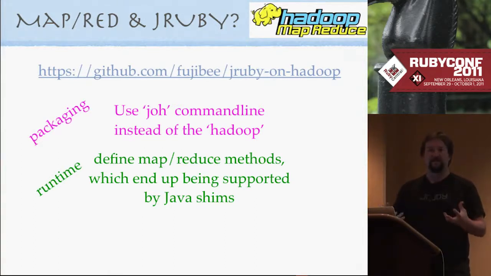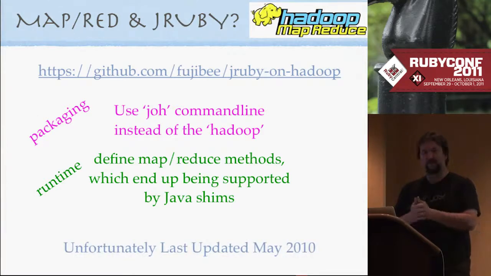And then at runtime, because this again uses Java shims, essentially a Java extension in the gem, and part of the packaging makes sure that JRuby and the JRuby on Hadoop stuff is all shipped and pushed off at the same time, you again have the exact same thing of a Java extension. The problem with this is it's been a while since it's been updated, and if you look through the code, it only supports a small subset of possible inputs and outputs.